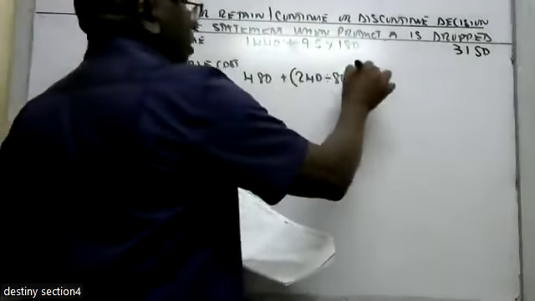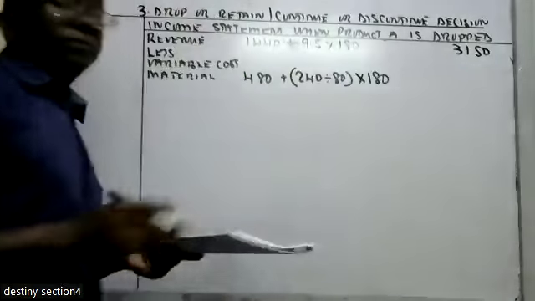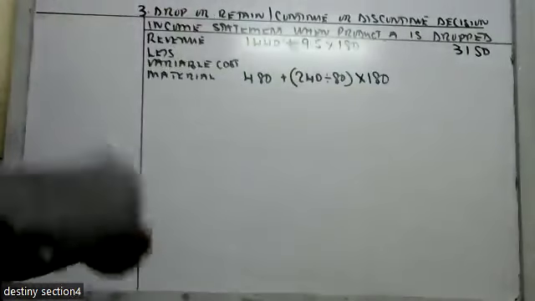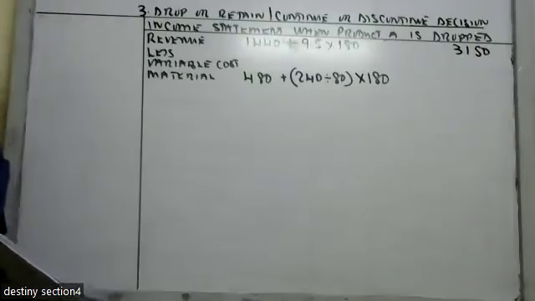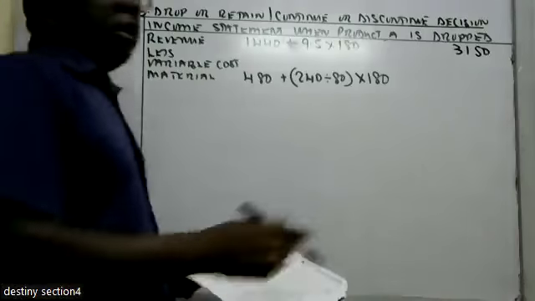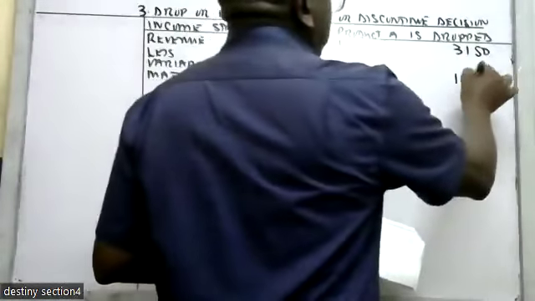Sasa una multiply that the new number of units of C. 1020. 1020.